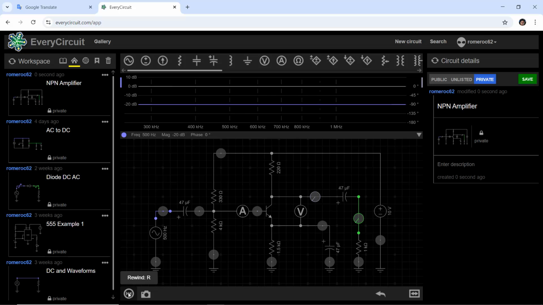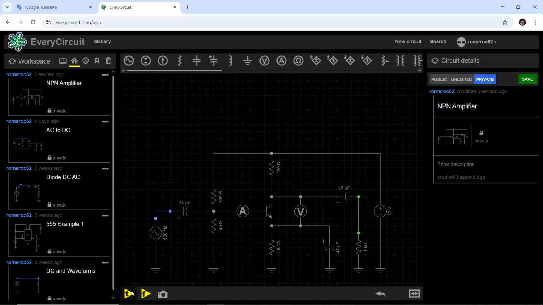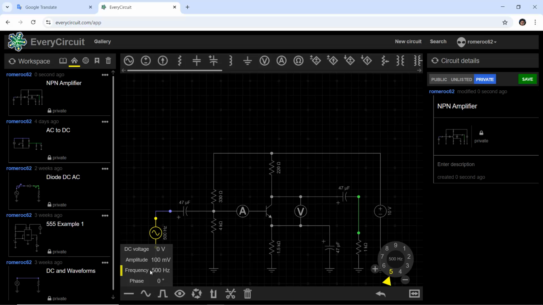Rewind and modify this. You can modify the frequency. Now it is 500 hertz. I will use amplitude 100 millivolts, frequency 1 kilohertz, sine wave.